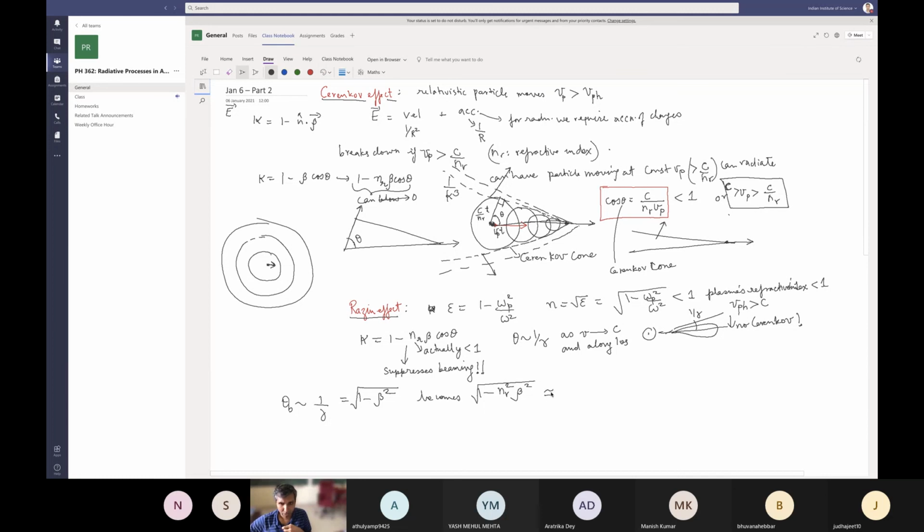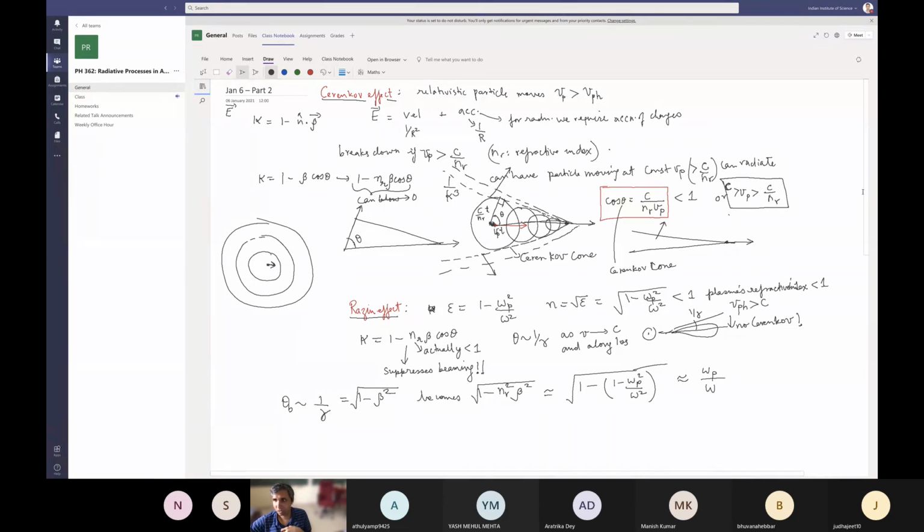Taking beta equal to 1, this is equal to 1 minus (1 minus omega_p squared by omega squared). This is my n_r squared. So this is equal to omega_p by omega.